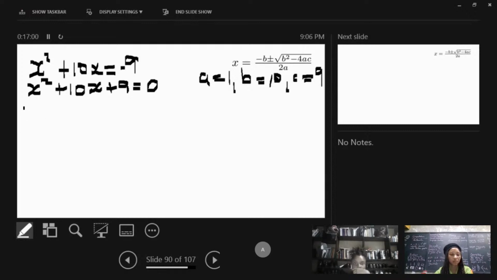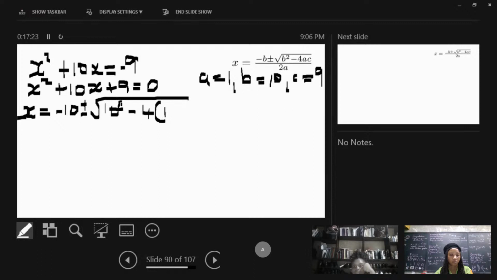So now we're going to put in the values into the formula. So negative 10 plus or minus the square root of 10 squared minus 4 times 1 times 9, all over 2 times 1.